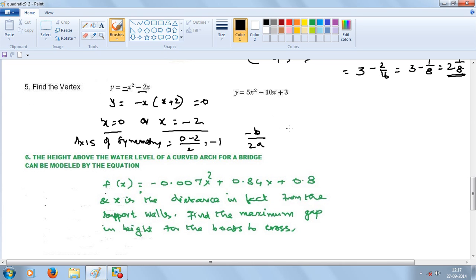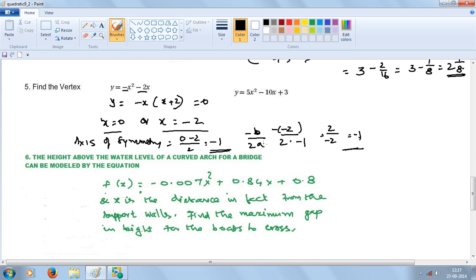Minus b is 2, divided by 2 multiplied by a, which is minus 1. Here this is minus of minus. So it is equal to 2 divided by minus 2, which is equal to minus 1. See, the same thing we get.